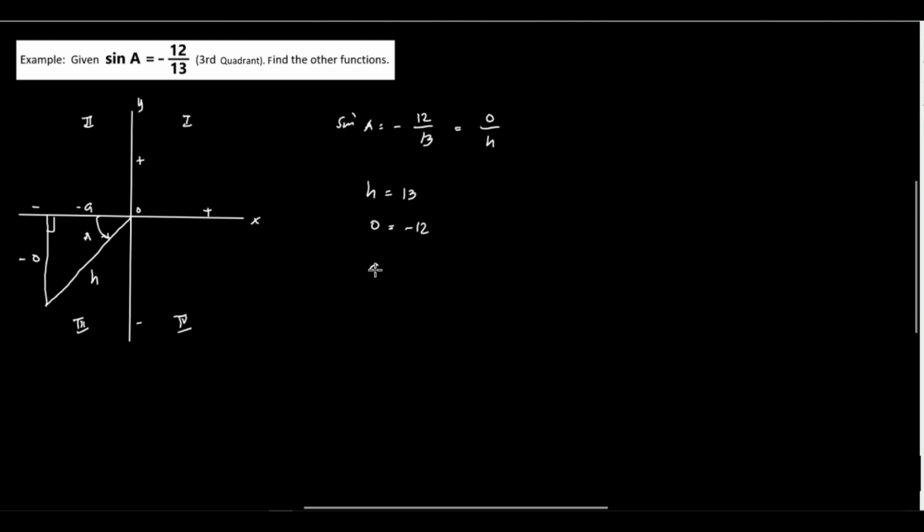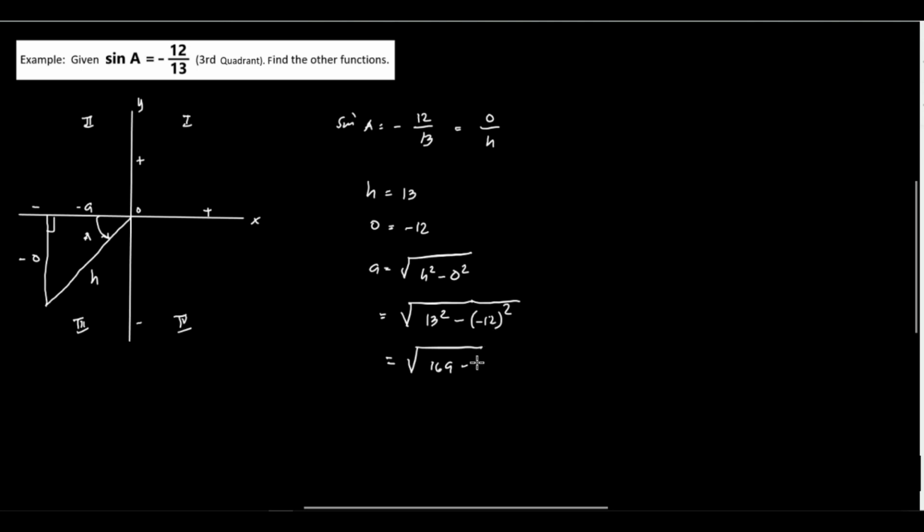To find the value of A, using the Pythagorean theorem, that's H squared minus O squared, and A is the square root of 13 squared minus negative 12 squared. So 13 times 13, that's 169, minus negative 12 times negative 12, the sign is positive.